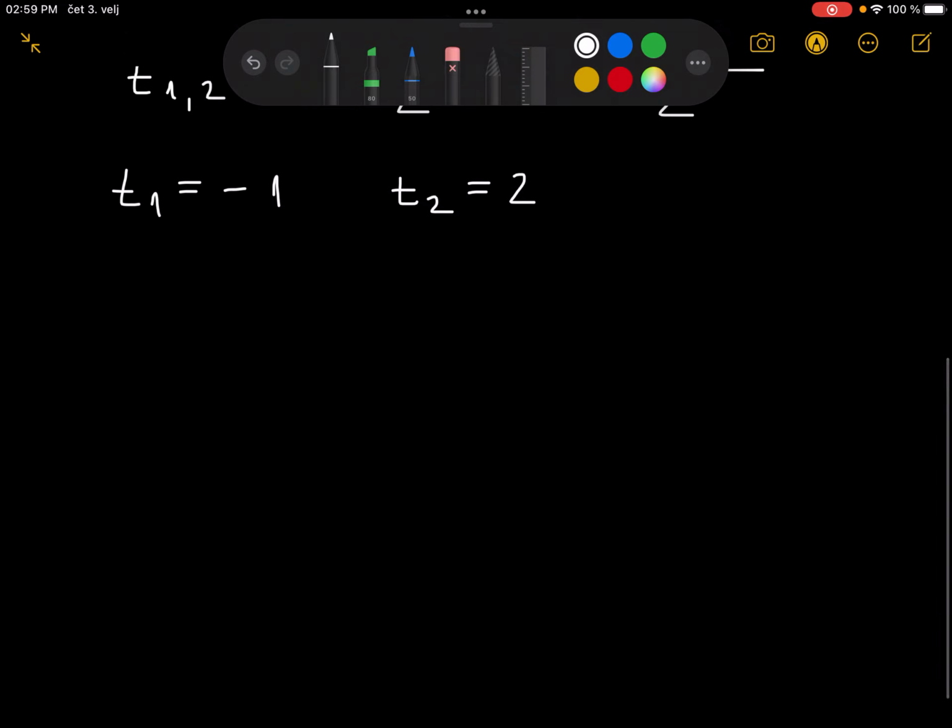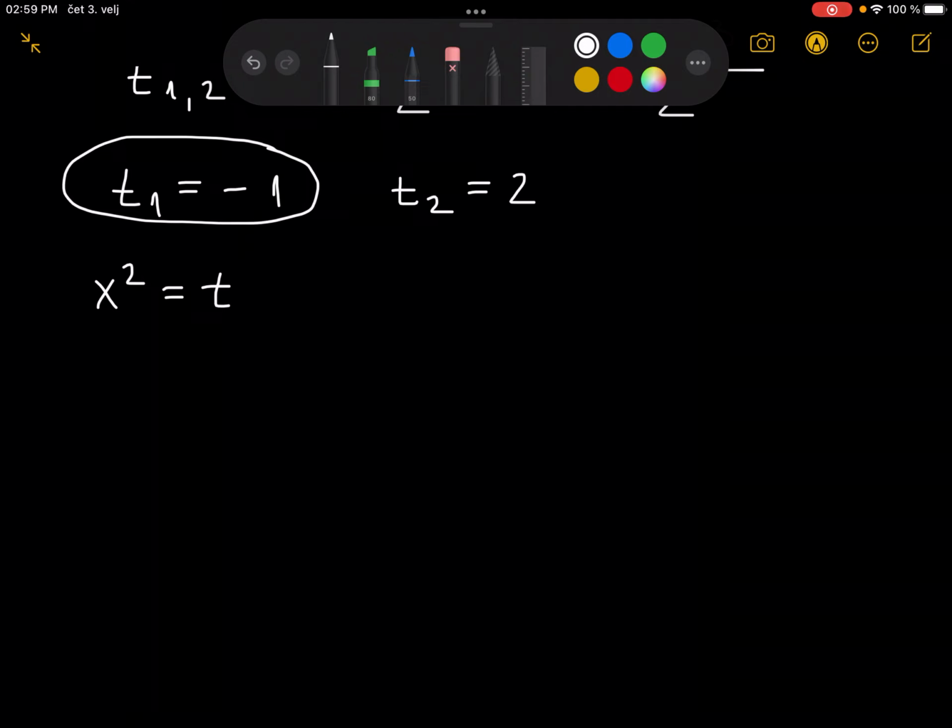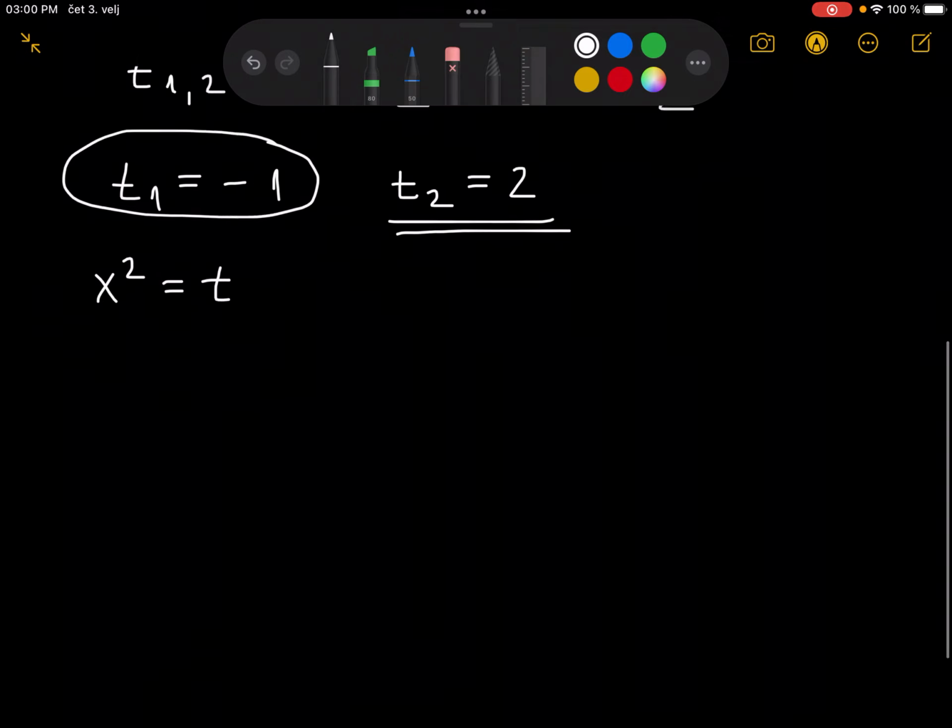Now, since we said that t is equal to x squared, this part right here isn't possible, at least not as far as the real numbers are concerned, exclusively real numbers. So in the real world, this isn't possible. So this here is our only solution as far as real numbers go.